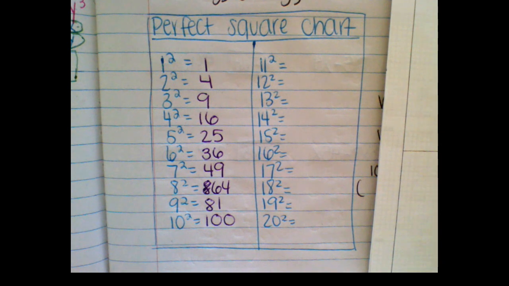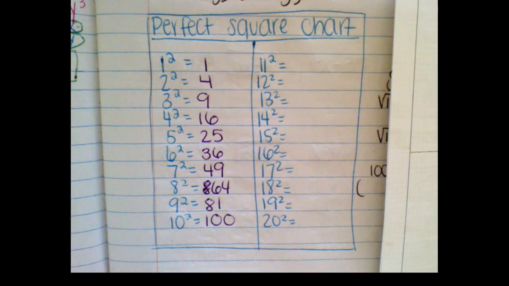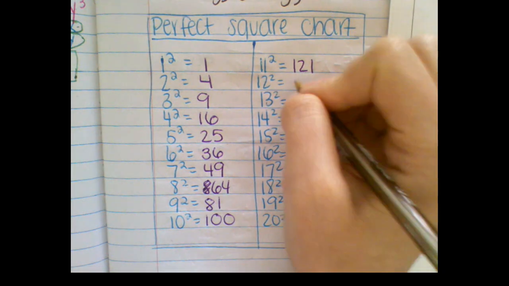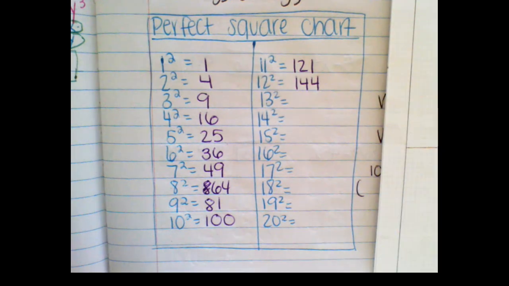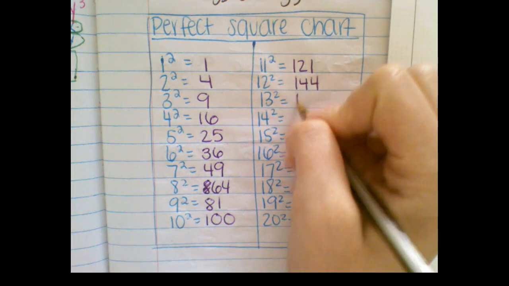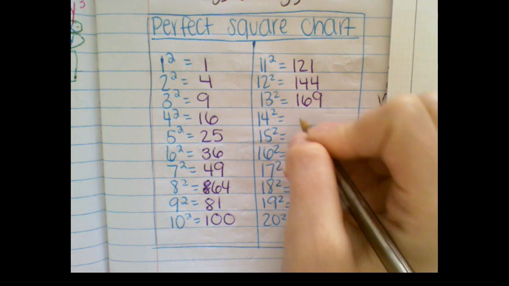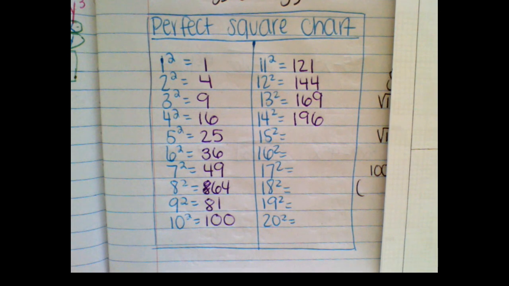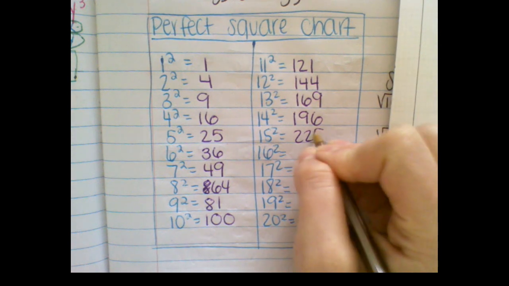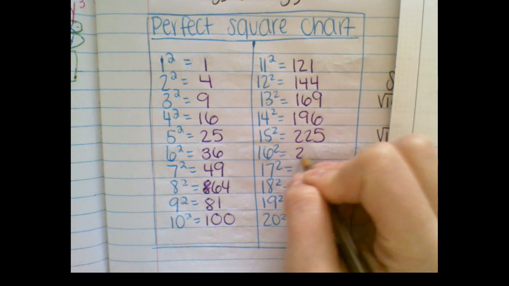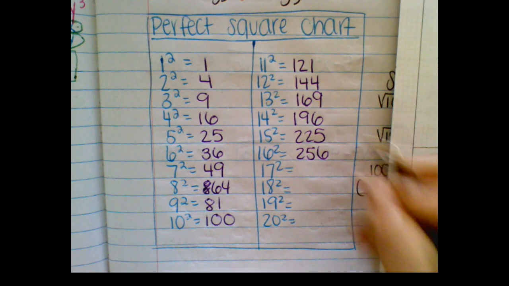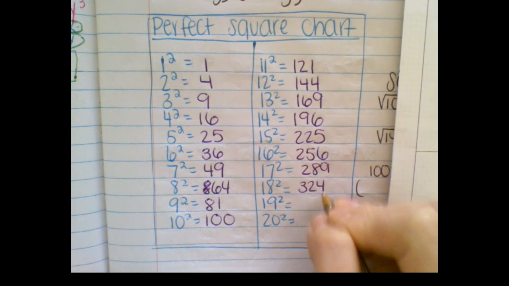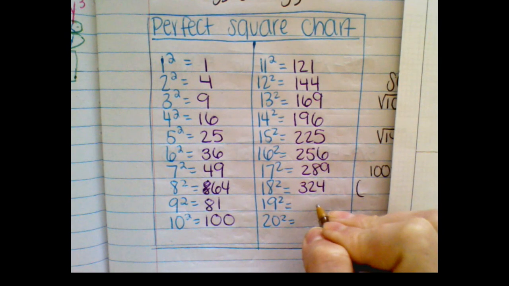For these ones, if you need a calculator, feel free to use it. You can type in 11 squared, you get 121. 12 squared, 144. 13 squared, 169. 14 squared, 196. 15 squared, this one is a popular one that you will see, 225. 16 squared, 256. 17 squared, 289. 18 squared, 324. 19 times 19, 361.